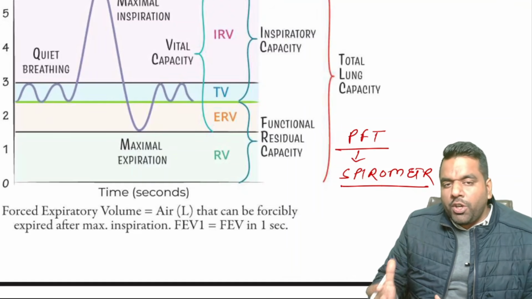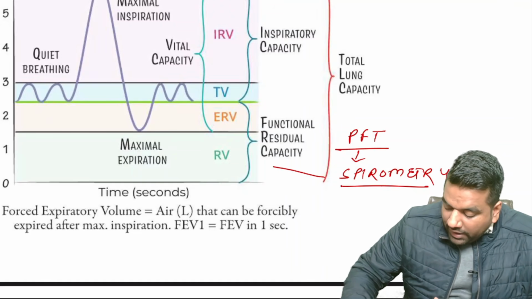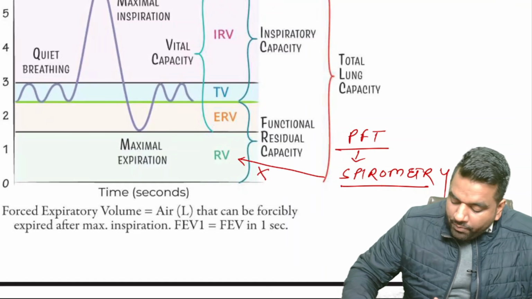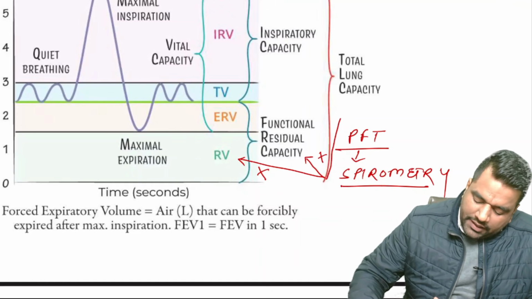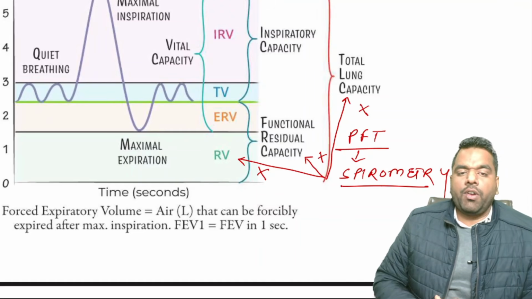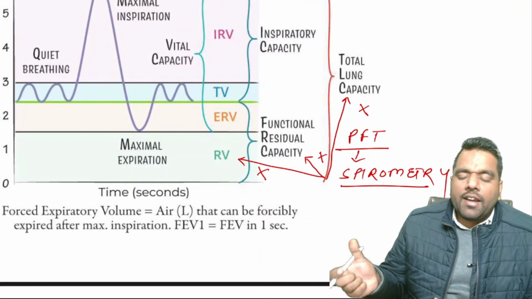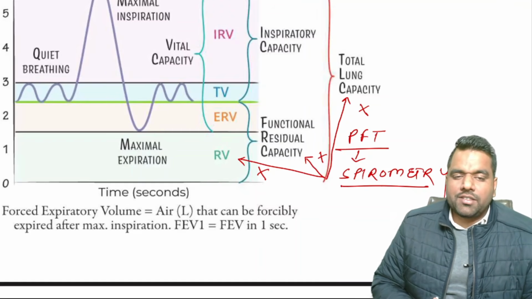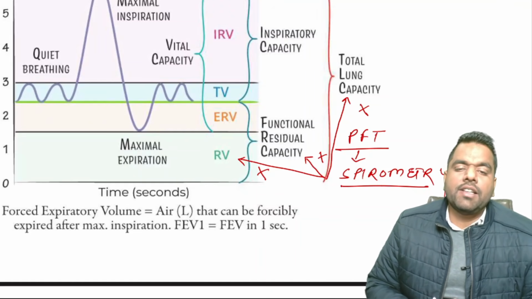So guys, which volume or capacity can't we calculate through spirometry? Number one is residual volume, number two is FRC, and number three is total lung capacity. We can't measure them through spirometry because some amount of air never comes out of the lungs, and if it is not coming out, we cannot calculate it via spirometry.